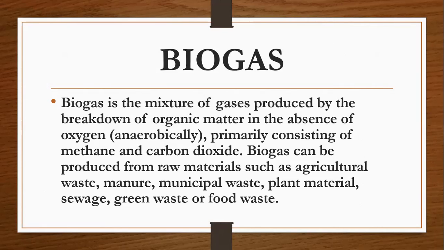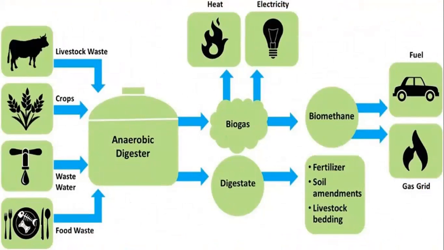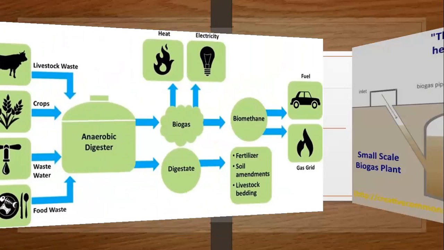After keeping it in a proper anaerobic area, methane gas will form, and this is the same gas which we are consuming in our cylinders. This is the process of biogas.